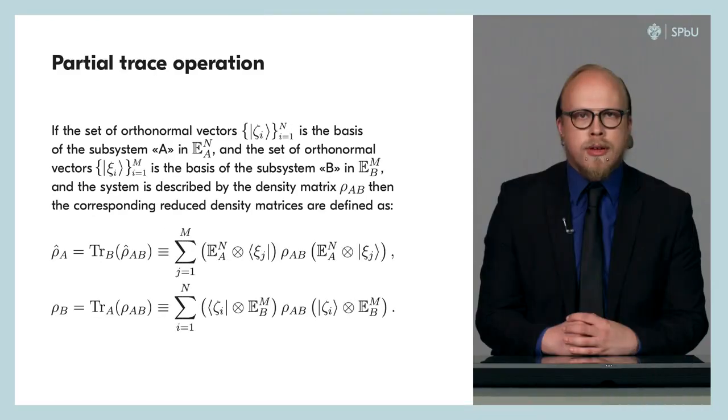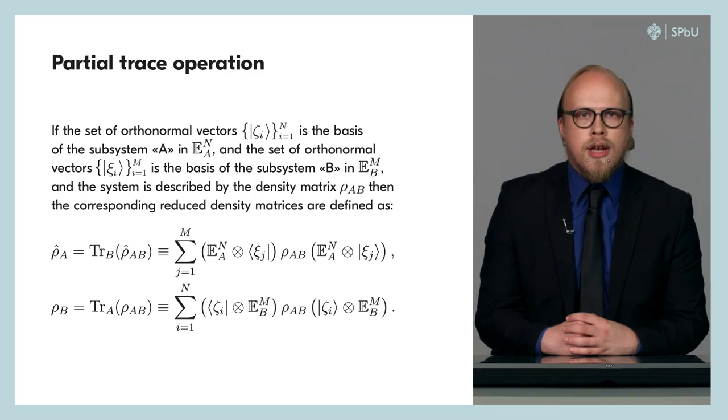of subsystem B. On the slide that you see now, it's shown how to obtain the reduced density matrix rho A from the density matrix of the entire system rho AB, taking a partial trace over all the basis states of the subsystem B. In addition, on the same slide, for comparison, we showed how to get the reduced matrix rho B if we take a partial trace over all basis states of subsystem A from the density matrix of the entire system rho AB.